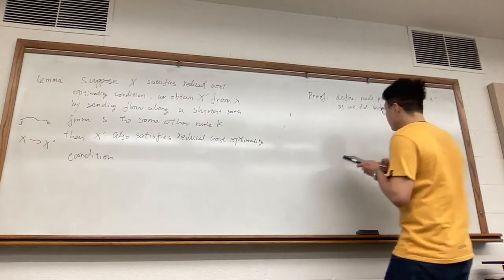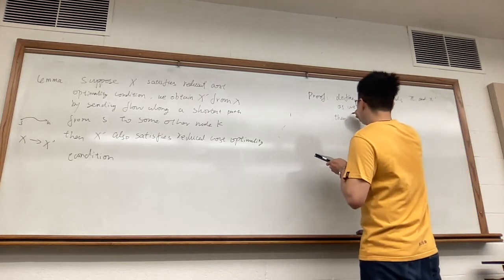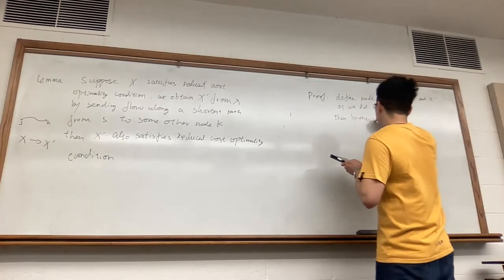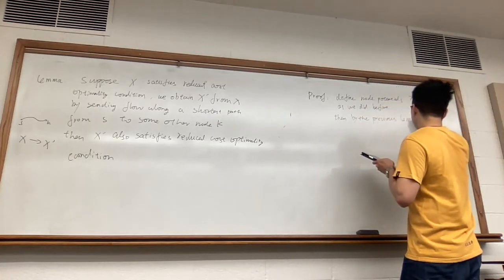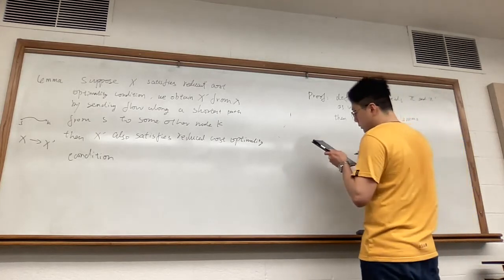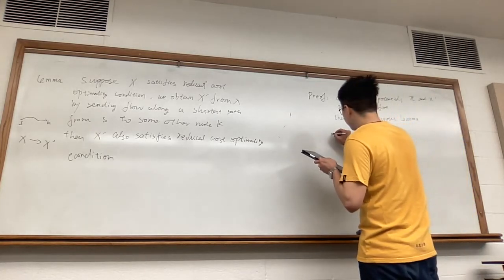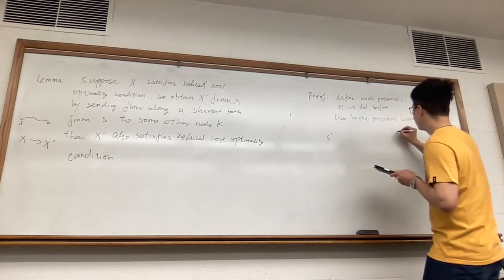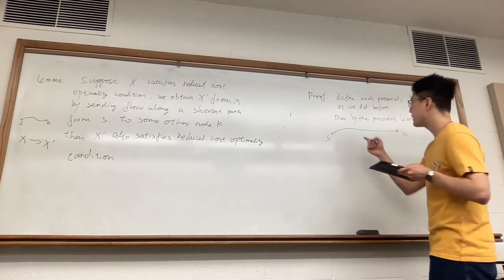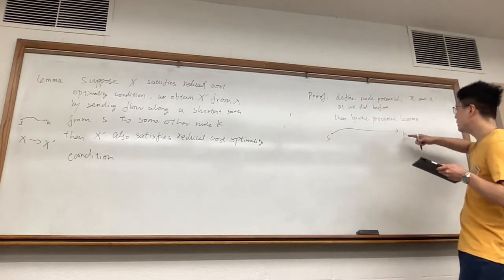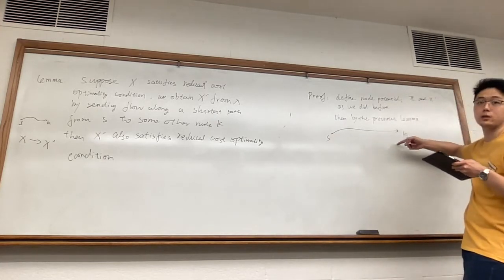Then, by the previous lemma, what can you say? We have some node S, we have some node K, and this is the shortest path from S to K with arc length Cij pi, right?